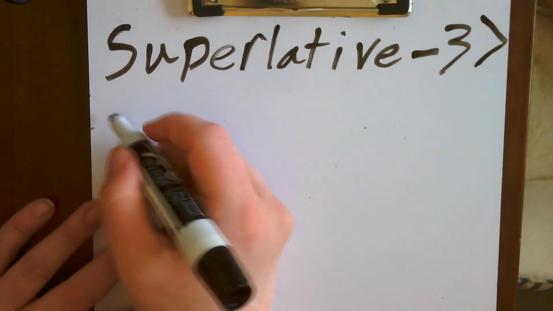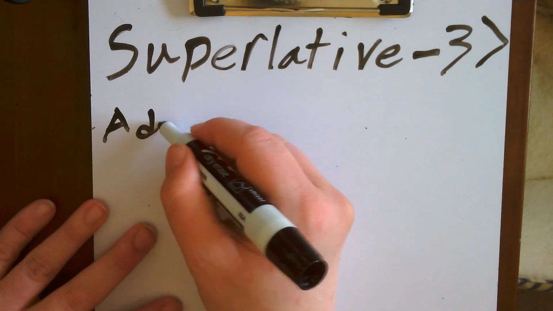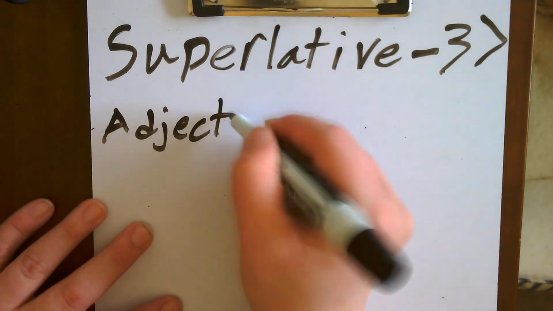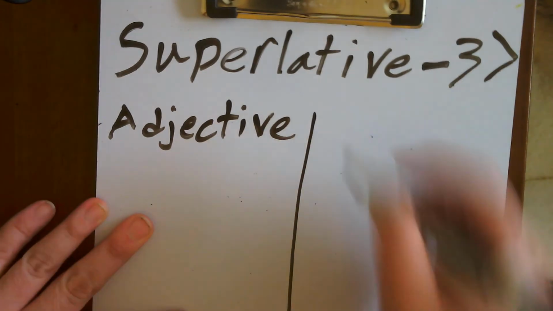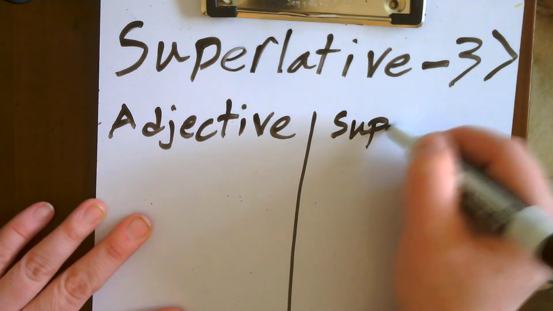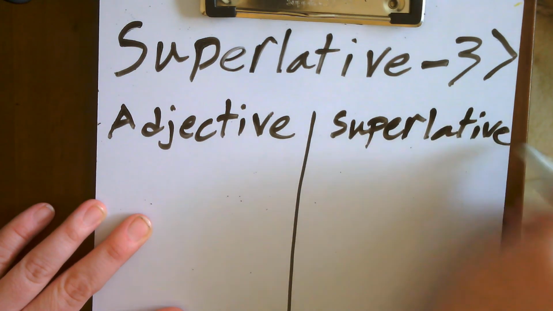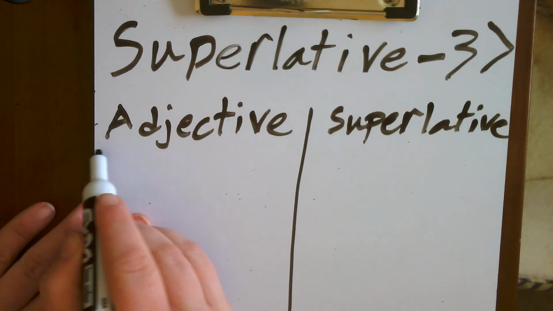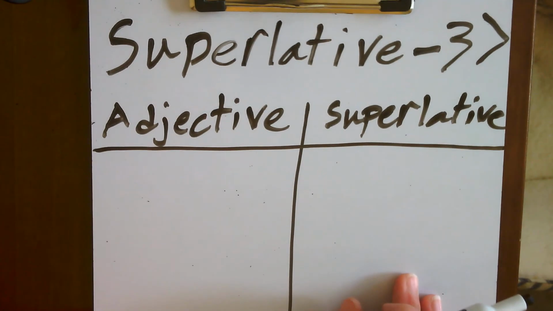Okay? So on our adjective, we're going to do the same thing. The adjective and its superlative form. And let's go with the same words we used last time. So our first one was brave.